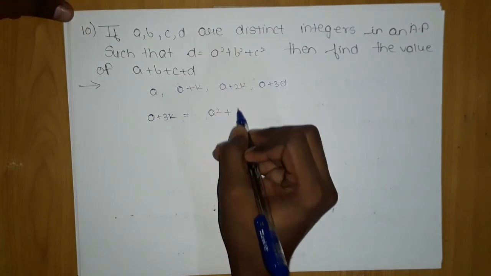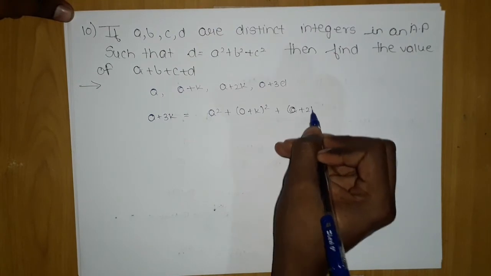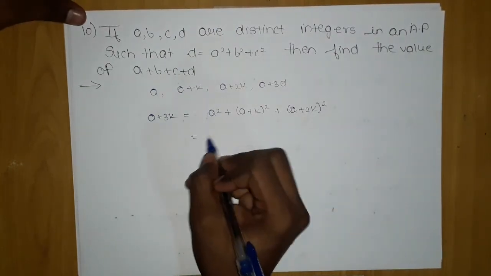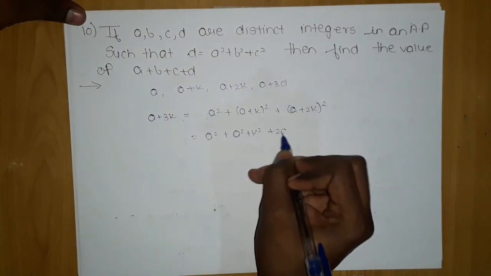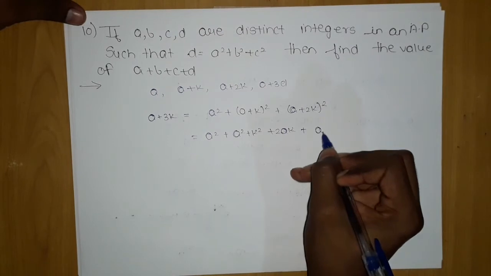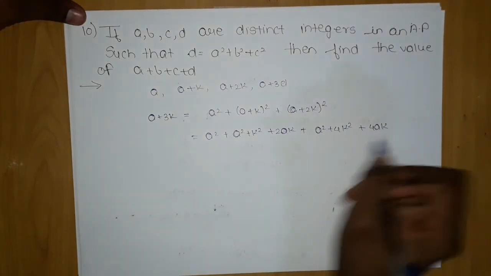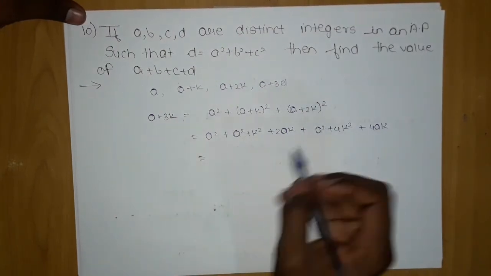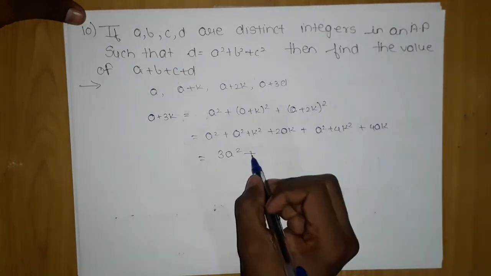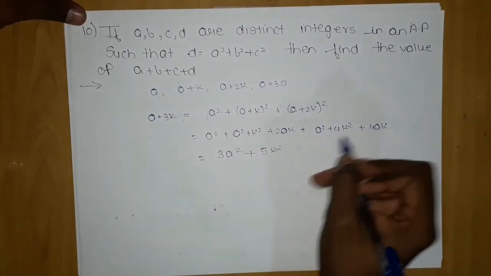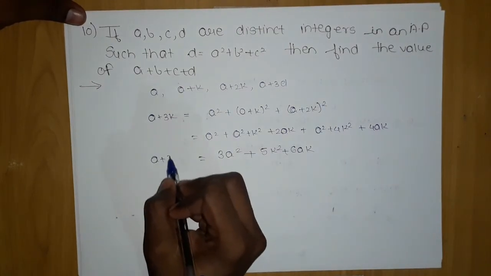A square plus a plus k the whole square plus a plus 2k the whole square, right? So what we have here: a square plus k square plus 2ak. Similarly here, a square plus 4k square plus 4ak, which gives us the final answer: 3a square plus 5k square plus 6ak equals a plus 3k.